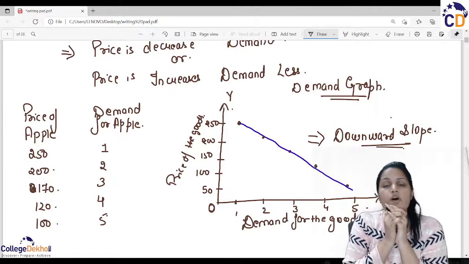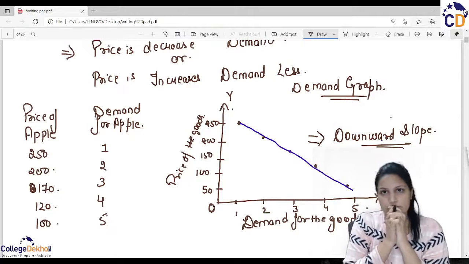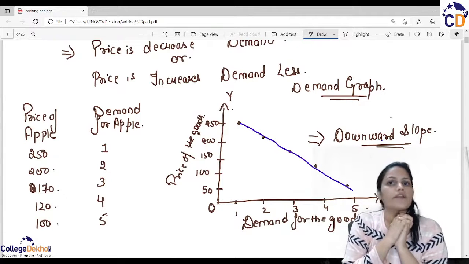What is the thought process of the customer or consumer? They want to purchase more for a smaller amount, and if the prices are hiked, they demand a smaller quantity. So there is an inverse relationship between the price of the goods and the quantity demanded.